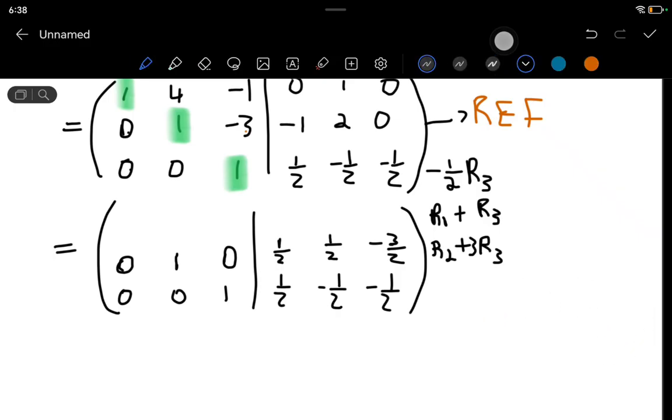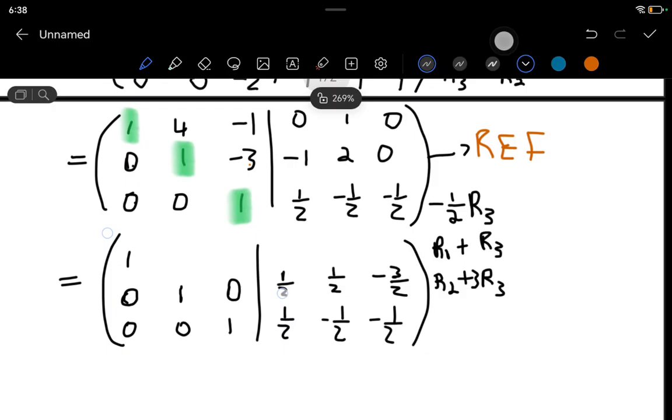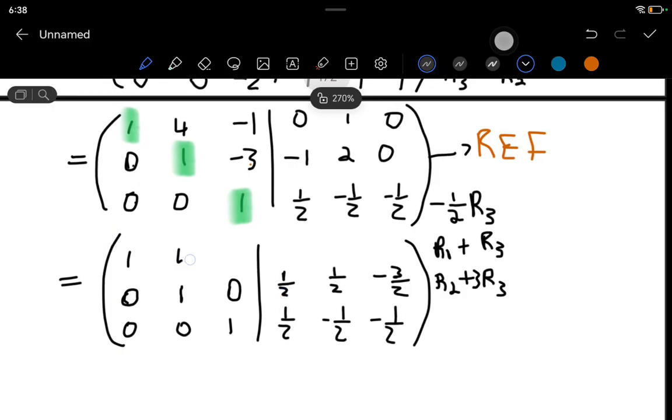Row number 1 is just 1 plus 0, it's 1. 4 plus 0, it's 4. Minus 1 plus 1 is 0. 0 plus 1 over 2 is 1 over 2. 1 minus 1 over 2 is 1 over 2. 0 minus 1 over 2 is minus 1 over 2.